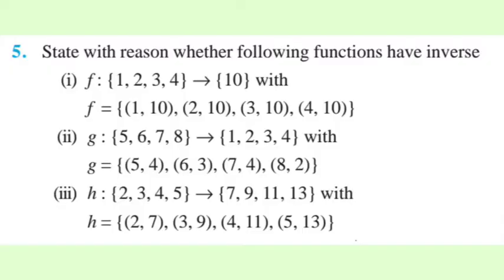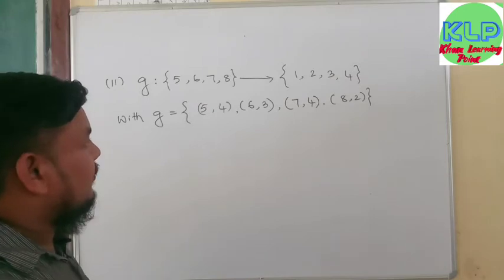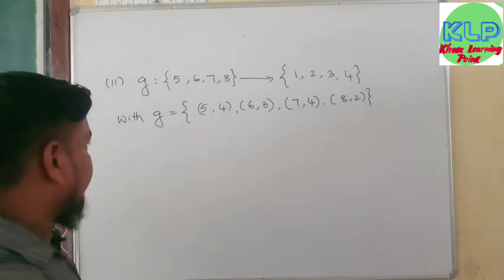G is a function from the set consisting of the elements 5, 6, 7, 8 to the set consisting of the elements 1, 2, 3, 4, and the function G is defined as shown on the display board. Let us see the function with the help of a diagram.